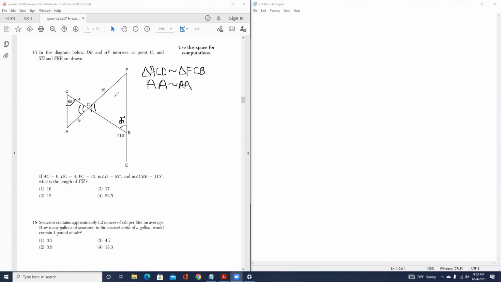Now, because this is the case, we can set this up as a system of proportional sides. Let's assign our unknown side length x, and we know that DC over AC is equal to BC, or CB, over FC.